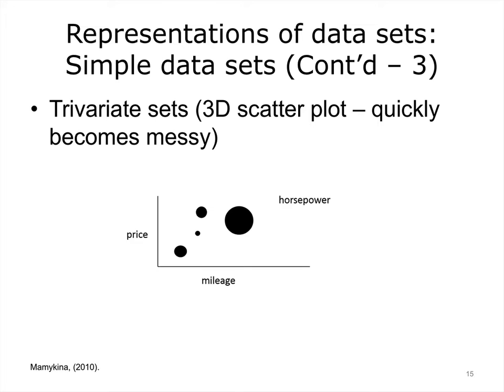An alternative to increasing a number of dimensions is to manipulate other visual properties. For example, here we use spatial orientation for price and mileage, and size of a visual element for the third dimension, such as horsepower.